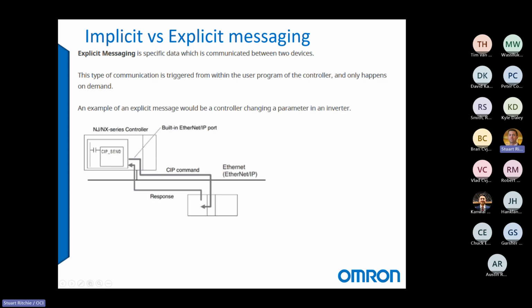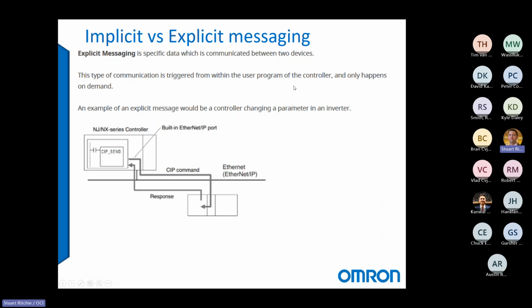Explicit messaging on Ethernet IP is much more similar to a Modbus message. So you've probably heard of a class, instance, and attribute when you're going after a specific parameter in a device.